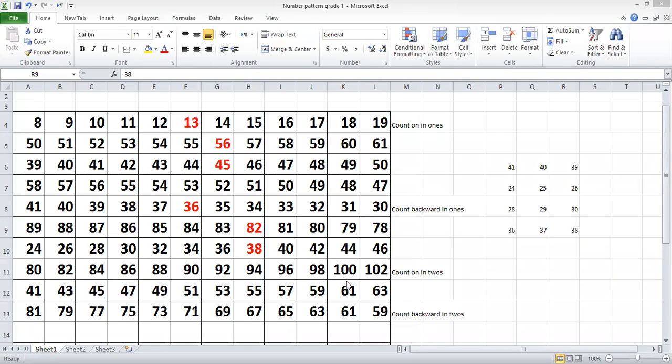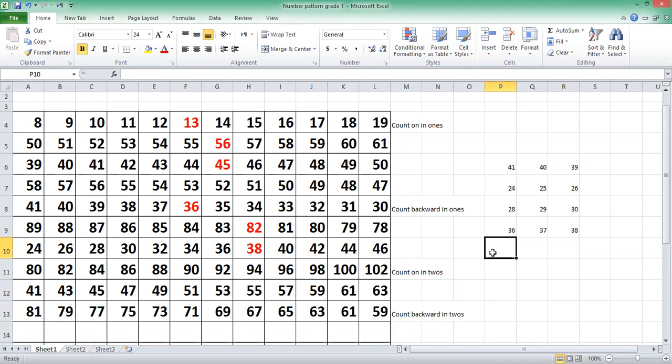That's very good. And now we will check the last pattern example. Look at this. This is 81, 79, 77. So guys, after 81, the number is 79. 79 is not more than 81. 79 is less than 81.